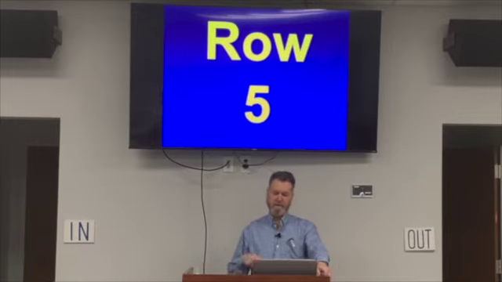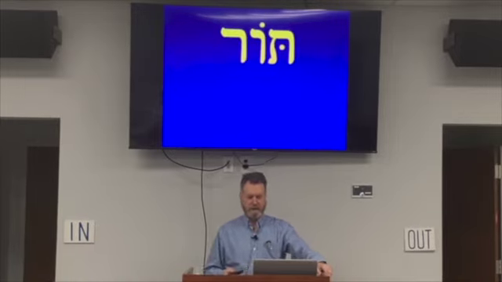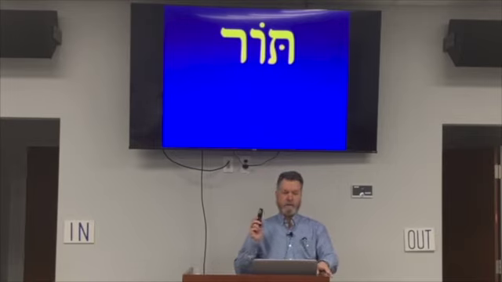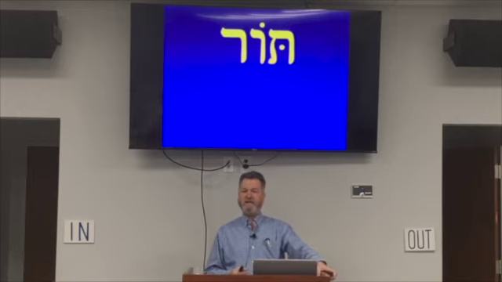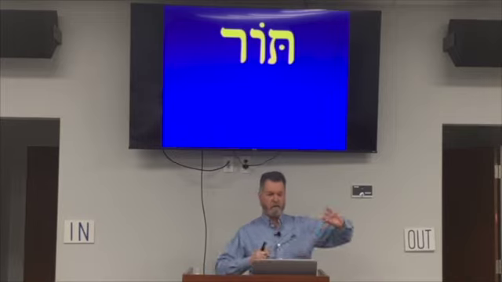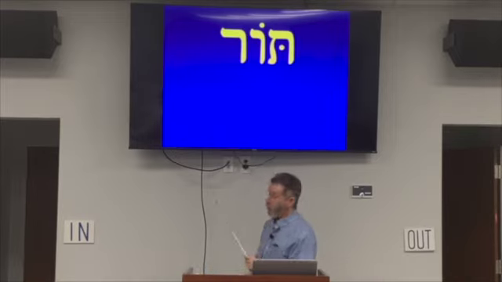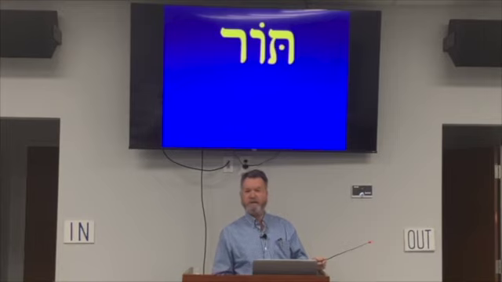Row 5. Now we're getting somewhere. Tor. Everybody see that? Anybody who doesn't see it, who wants me? I got my little pointer here. I want to use it. Tor. Everybody see Tor? Yeah.